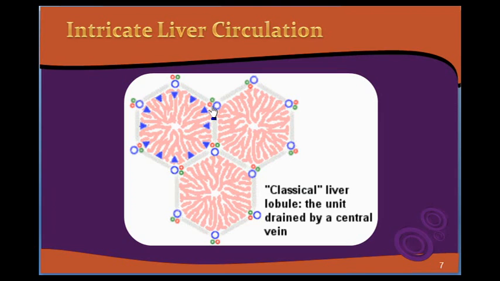As I have told you in the previous slide, blood from the portal vein traverses the sinusoids of the hepatic lobule and finally gets into the hepatic vein. The hepatic artery supplies the nutrients and the oxygenated blood to the liver cells, which empties into the hepatic sinusoids, finally draining the blood back into the circulation through the central hepatic vein.